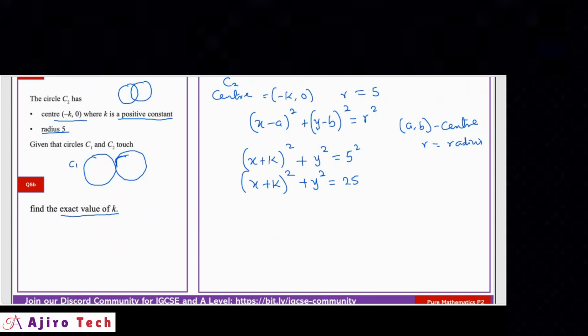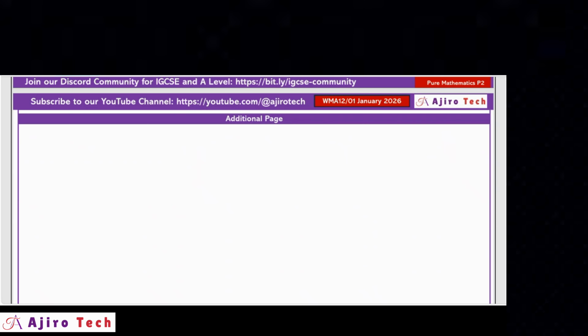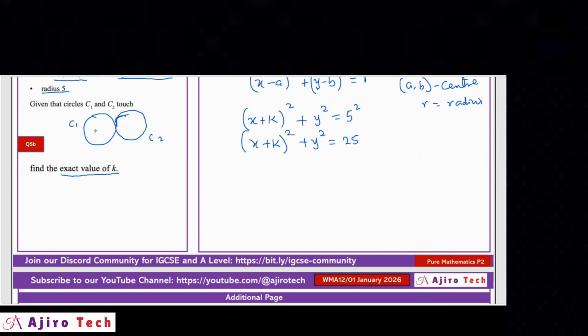This is the standard equation. They told us to find the exact value of k. So if this is circle 1 and this is circle 2, the radius of circle 1 that we got was 15 over 2, and the center was (3, -5/2).